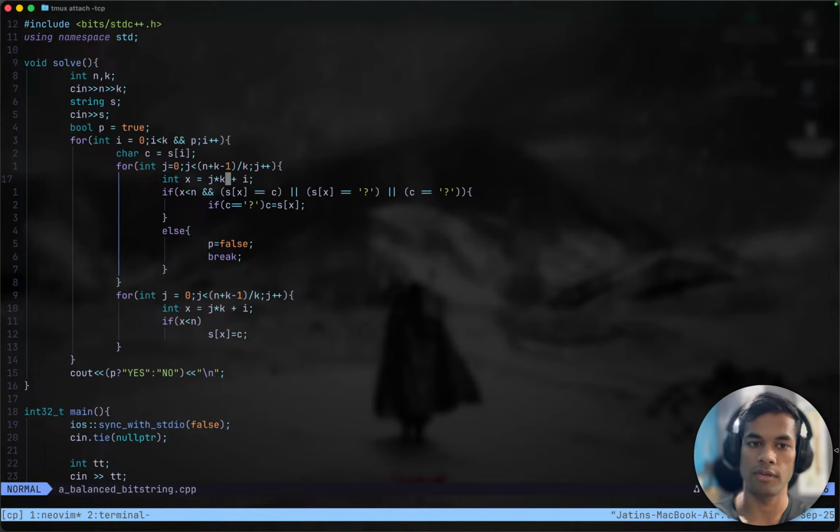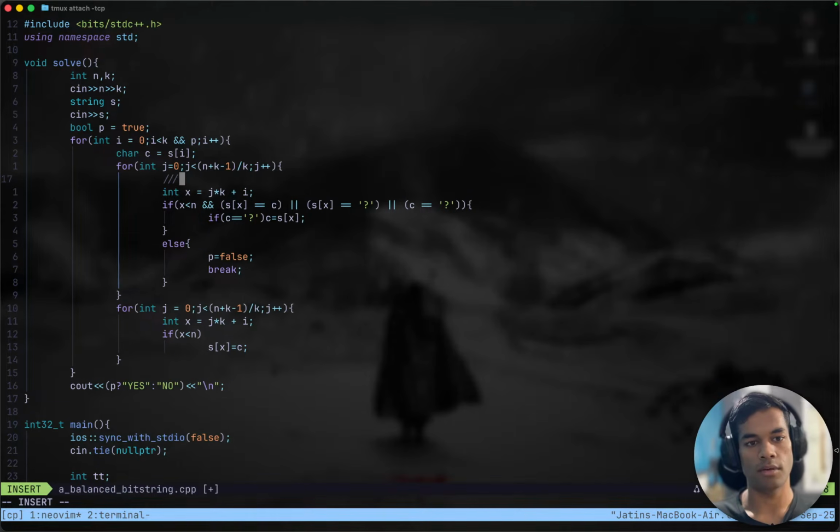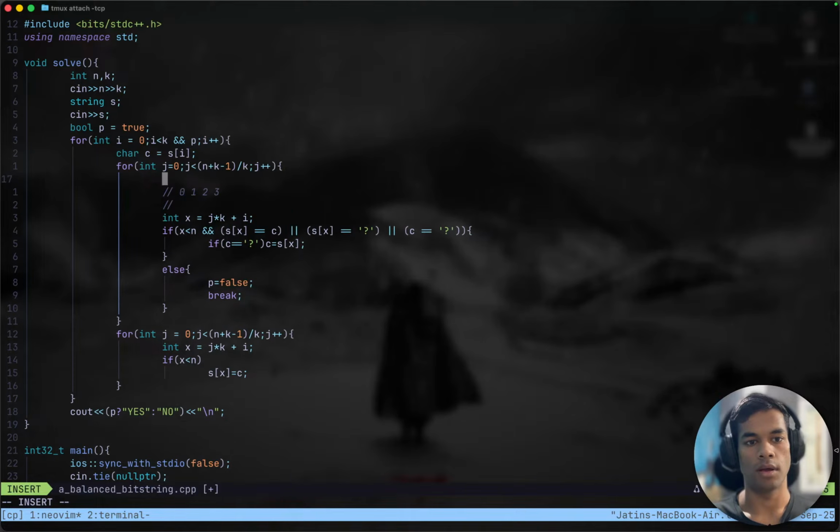If K equals 4 and j equals 1, then the next substring should start from index 4, because 0, 1, 2, 3 would be the indexes for the first substring, if k equals 4.